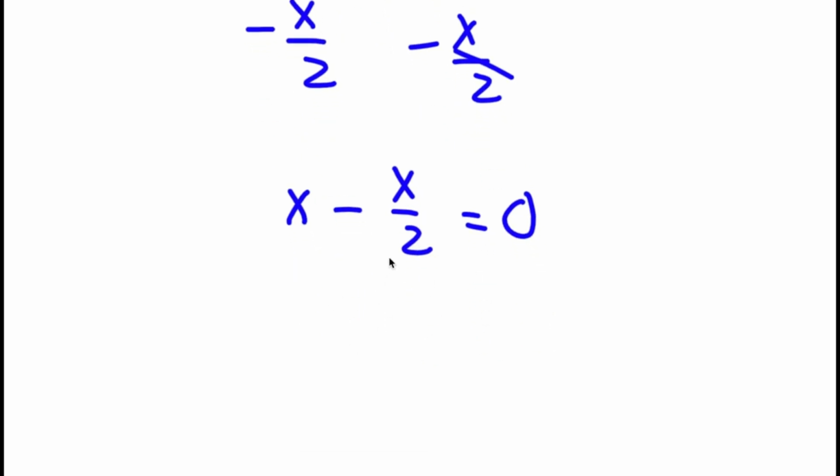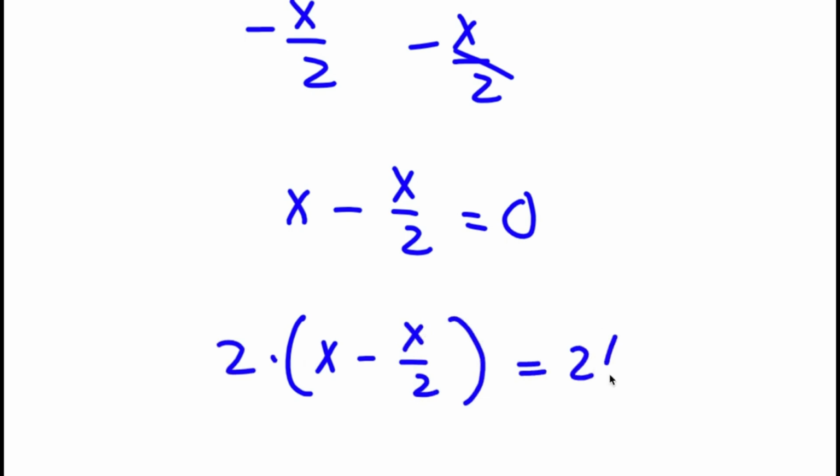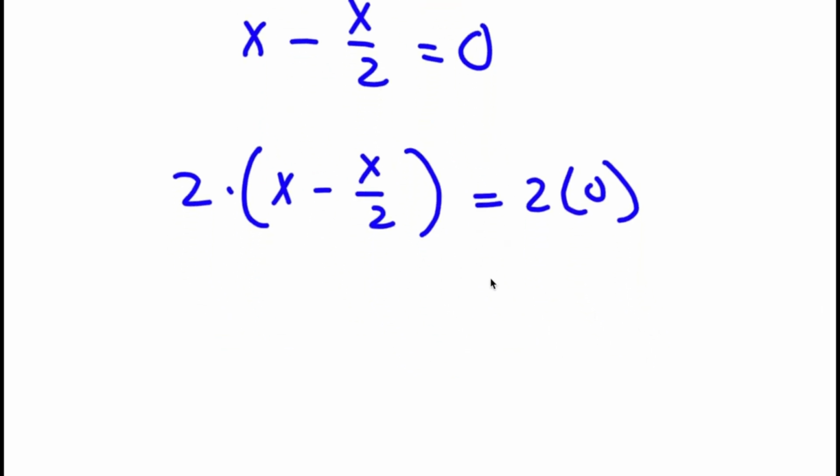Now, I'm going to multiply both sides by 2. So now I have x minus x over 2 times 2 is equal to 2 times 0. So for 2 times x minus x over 2, I'm simply going to distribute the 2 to all terms in my parentheses here.